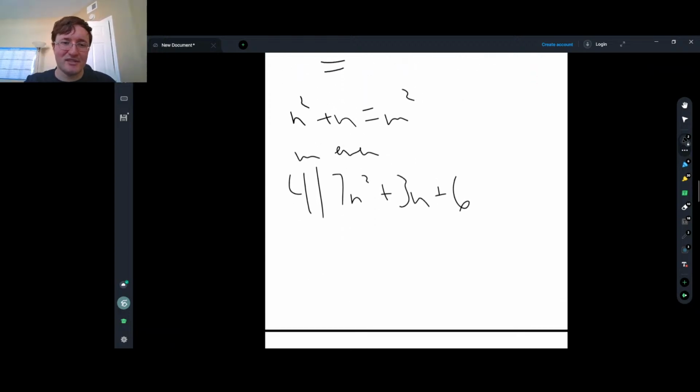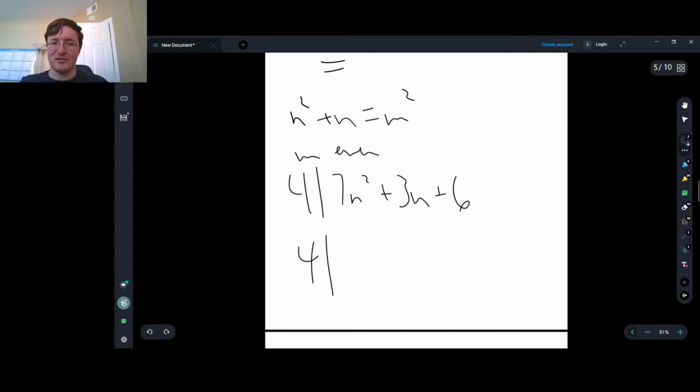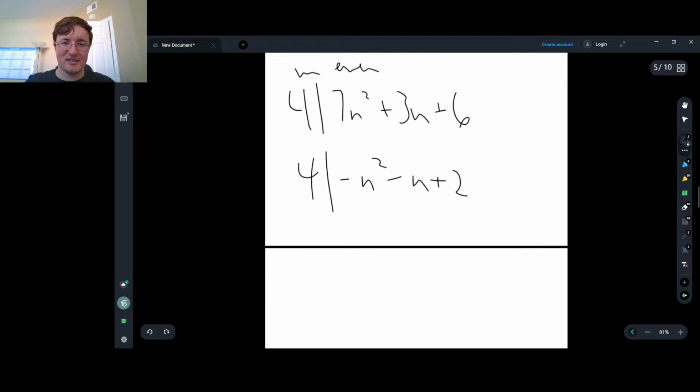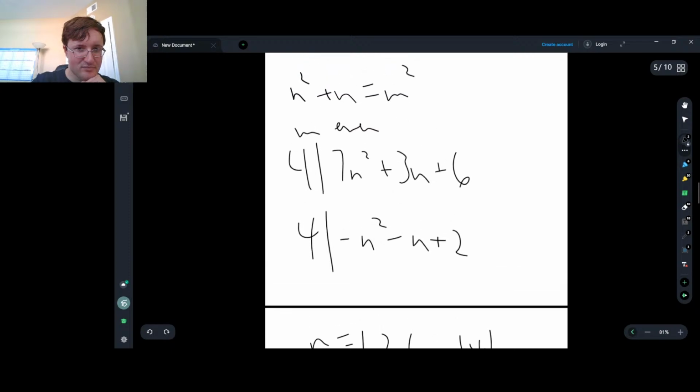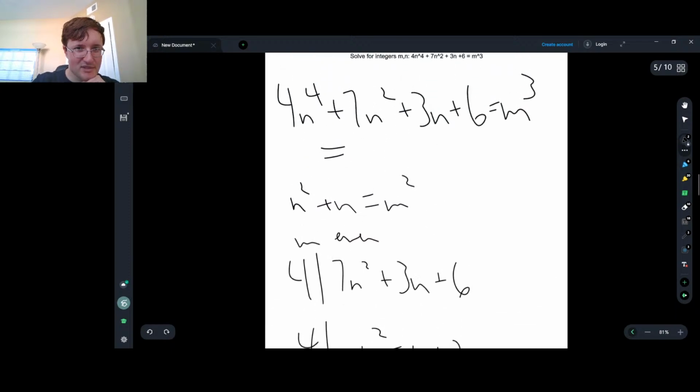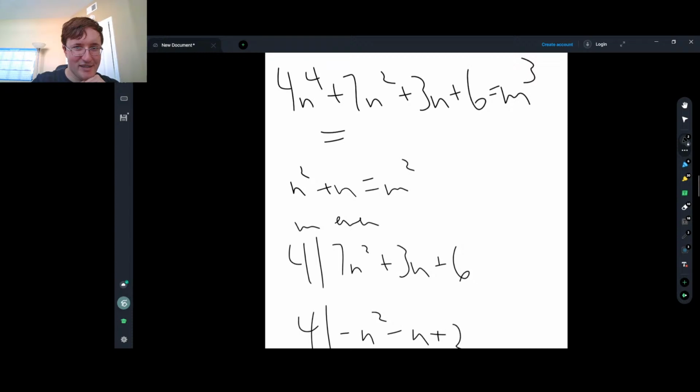Okay, so 7n squared plus 3n is 2 mod 4. So I could write that as minus n squared minus n plus 2. So n is 1 or 2 mod 4. Does that give me a contradiction?